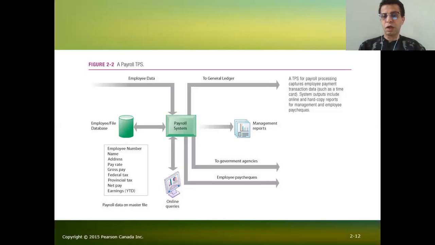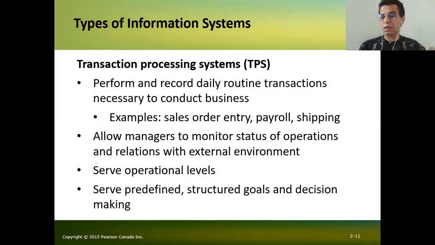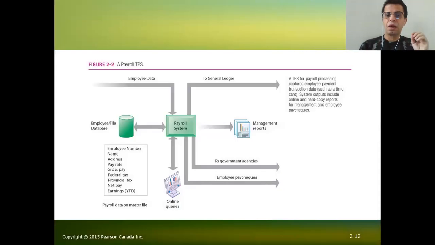For example, look at a payroll TPS, where TPS is transaction processing system. In the payroll transaction processing system, there is a payroll system digging into the employee file data: name, address, pay rate, gross pay, how much taxes, net pay, and all this information.